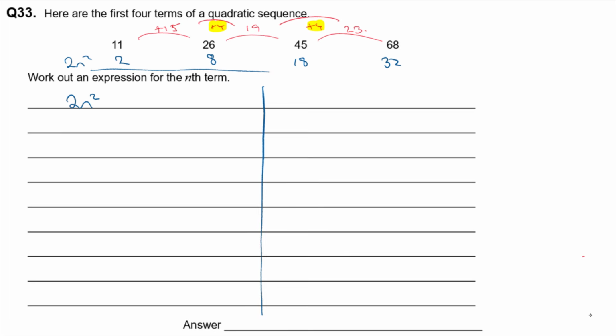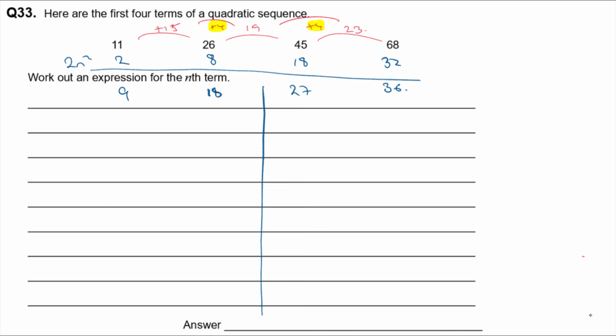Okay, and if you then subtract those numbers from your original sequence, we're going to get 11 subtract 2 is 9, 26 subtract 8 is 18, 45 subtract 18 is 27, and 68 subtract 32 is 36. Now you can see this is a linear sequence. It's going up in 9s.